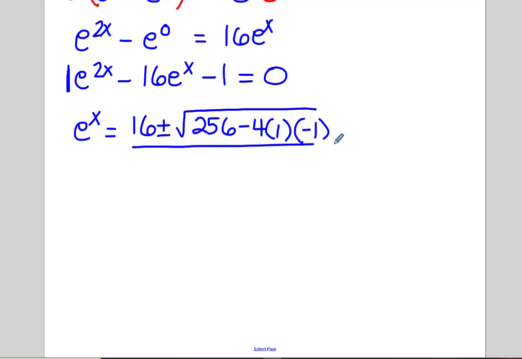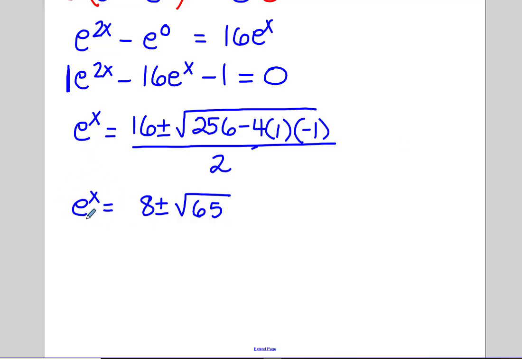That entire thing divided by 2 times a. So e to the x is going to be 8 plus or minus the square root of 65 divided by 2 as I went along. So you can check my work that I did that right.